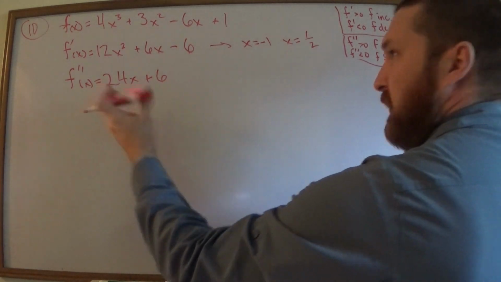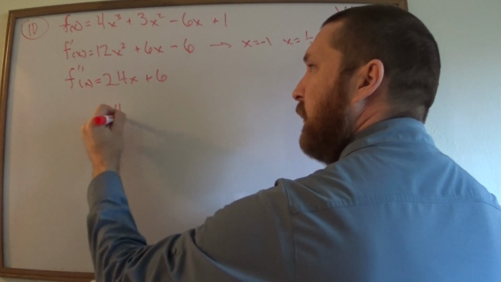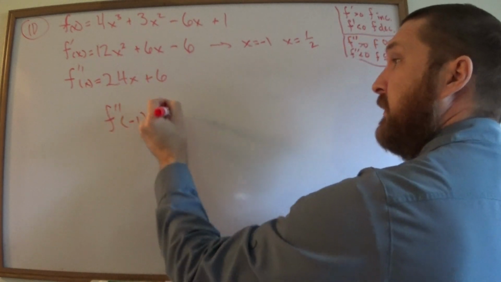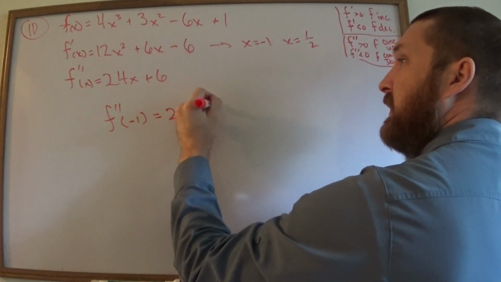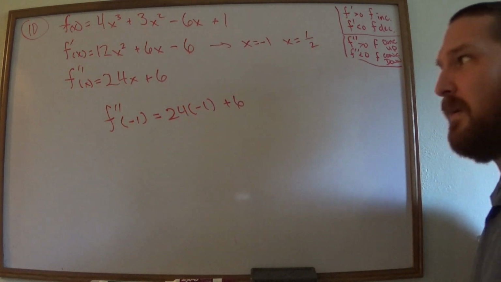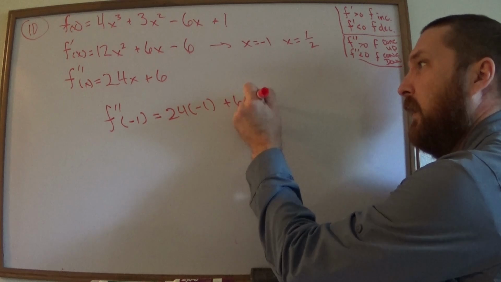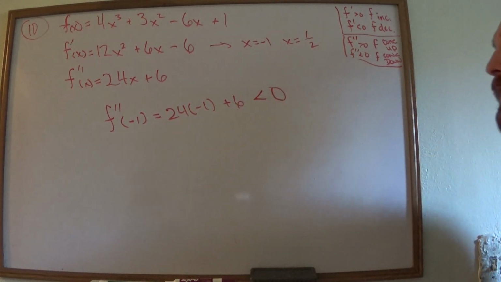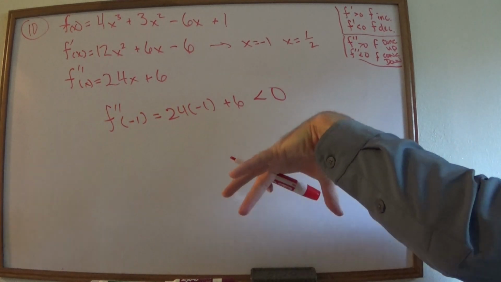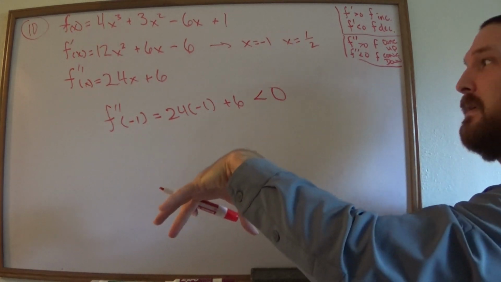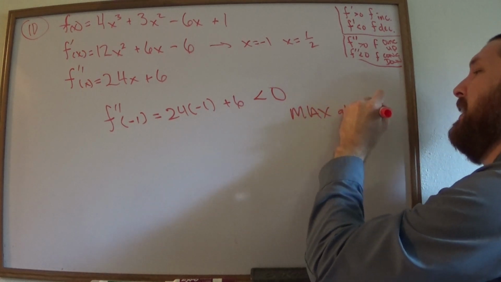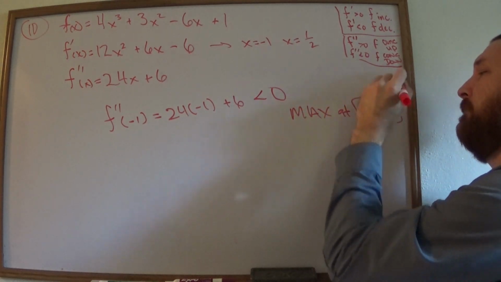Just plug it in, and this is what the second derivative test is. It told us how to do it. You say 24 times -1 plus 6, and I'm not even going to bother calculating it. Is that a positive number or a negative number? Negative. So that means it's concave down, looks like a frown. So is this a min or a max? A max. Max at x equals -1.